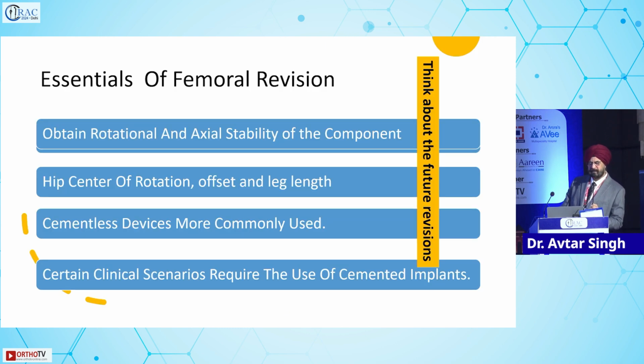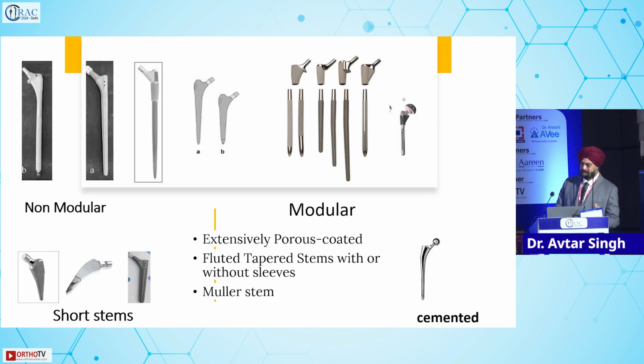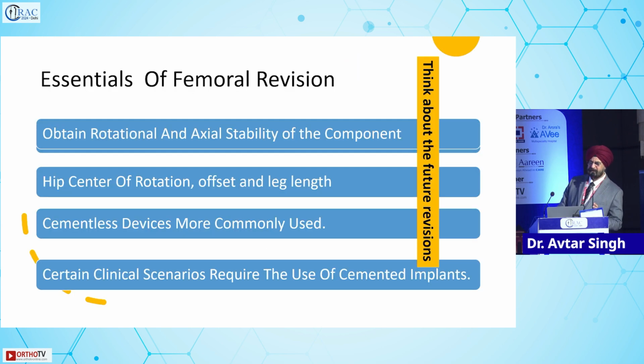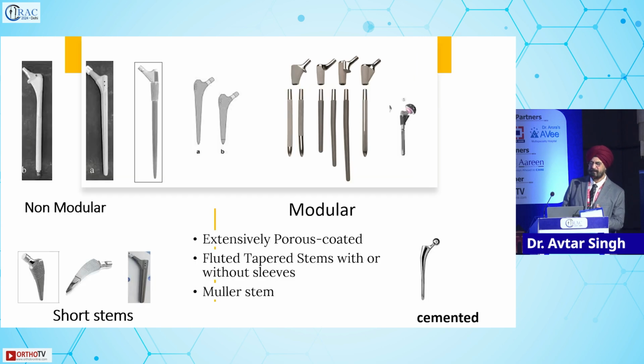But remember one thing, that you must obtain rotational and axial stability of the component in the very beginning. And you need to maintain the center of rotation of the hip, maintain the offset and the leg length. And cementless devices are more commonly used. But you shouldn't forget one thing, that you need to think about the future revisions. Use as short a stem as possible in the first revision.